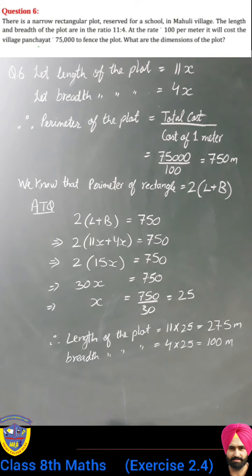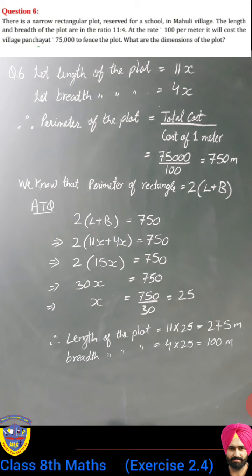And we also know that the perimeter of a rectangle is given by the formula 2 times length plus breadth. Now look here, both these are the perimeter of the same rectangular plot. So we will put them equal. You will get 2 times length plus breadth is equal to 750.